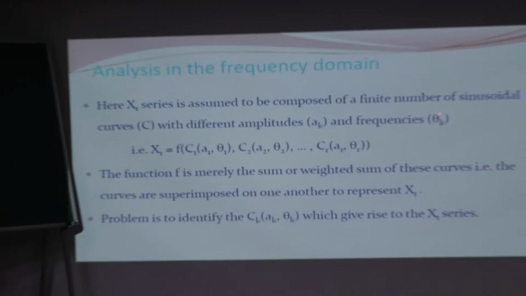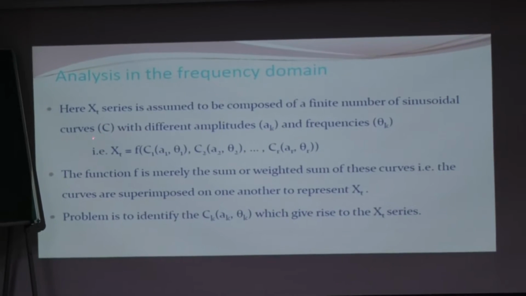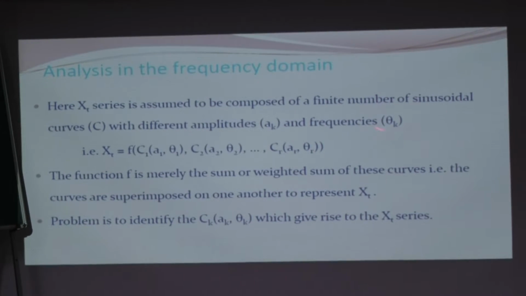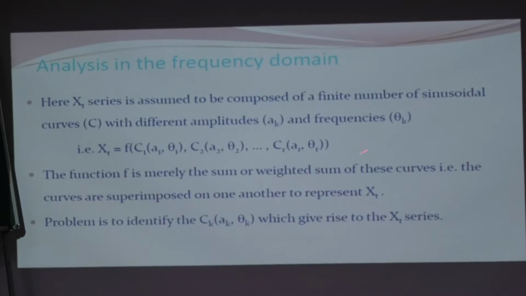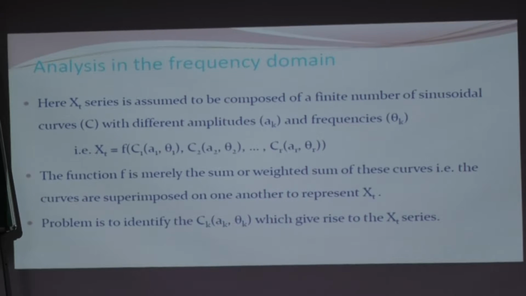So what we have here is composed of a finite number of sinusoidal curves with different amplitudes and frequencies, and x we say is a function of this. Okay, x is a function of this. It's a function which is a sum or weighted sum of these curves once they are superimposed, and the problem is to identify these curves. Once that can be done, it's easy to predict.